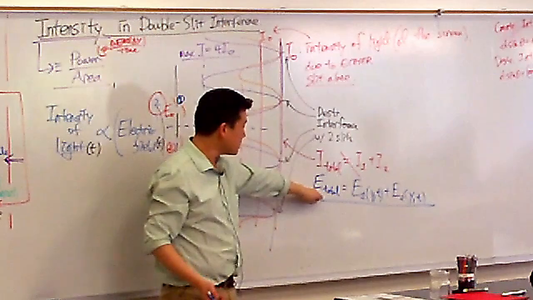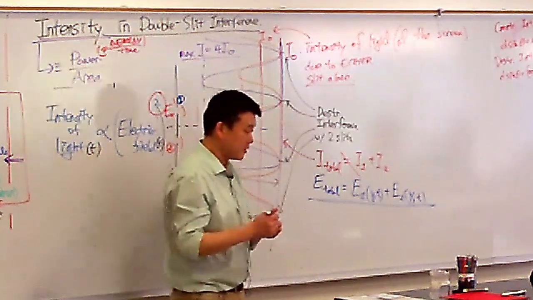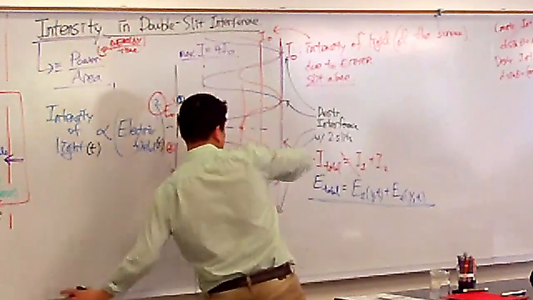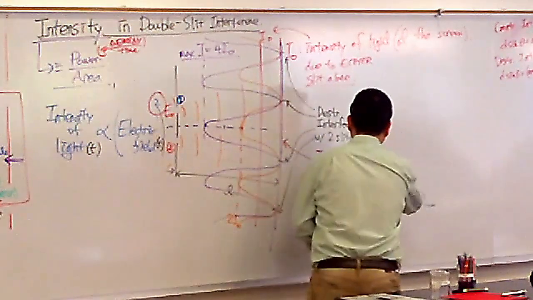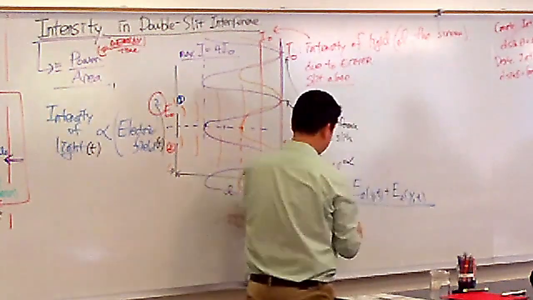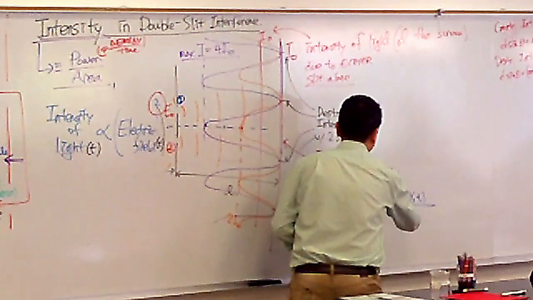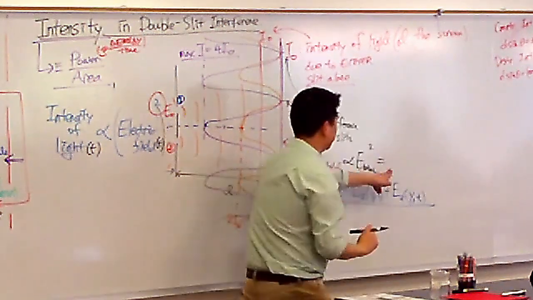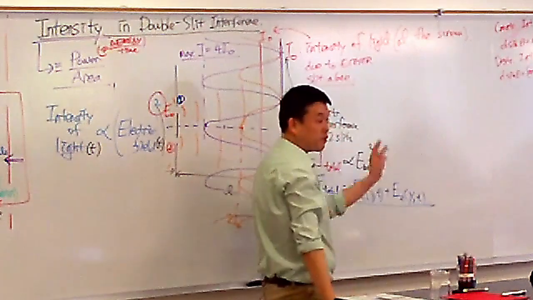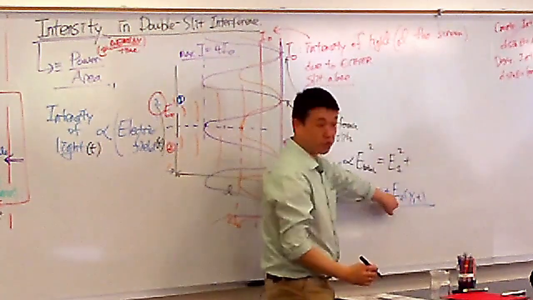You take this and you square it, and the total intensity is at least proportional to that. Let me just write that out quickly so that you can see where all this comes from. The total intensity would be proportional to the total electric field squared, it's this whole thing squared. So I'm going to get three terms: E1 squared plus E2 squared.